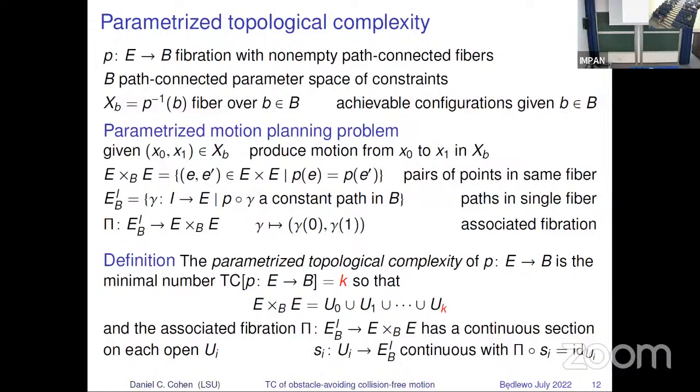So I can map that path to its initial point and terminal point in E cross E over B. And then we define the parameterized topological complexity to be the smallest number k, much as before, so that you can cover now this whole space E cross E over B with opens, and this endpoint map has a continuous section on each one of these opens.